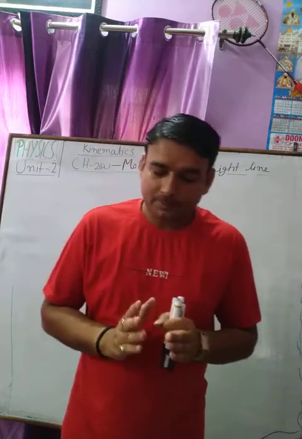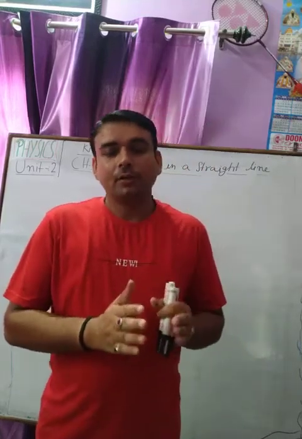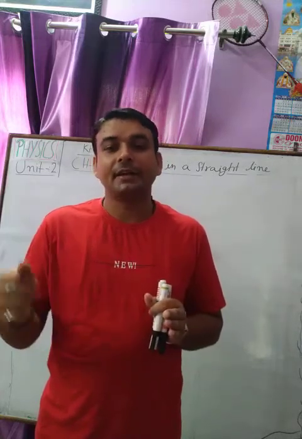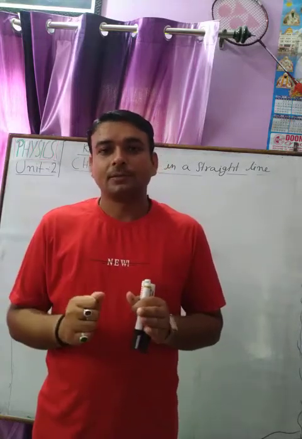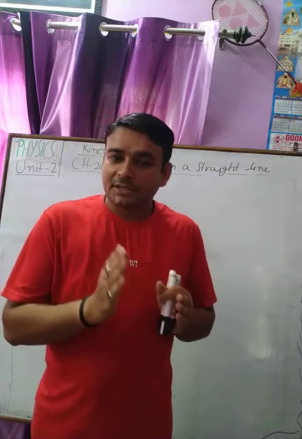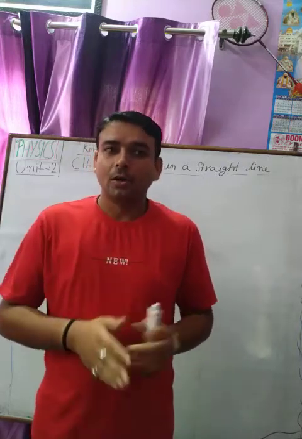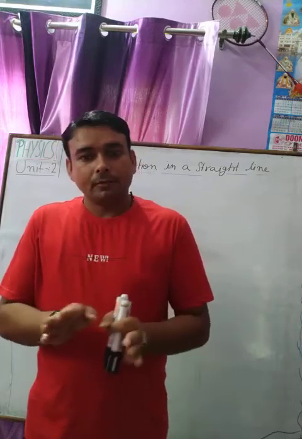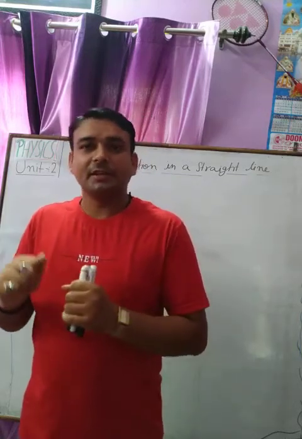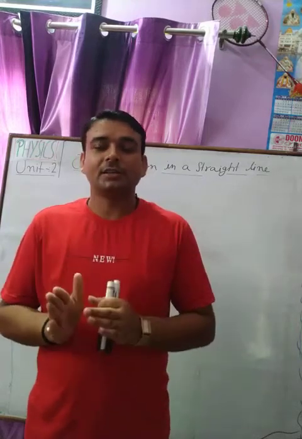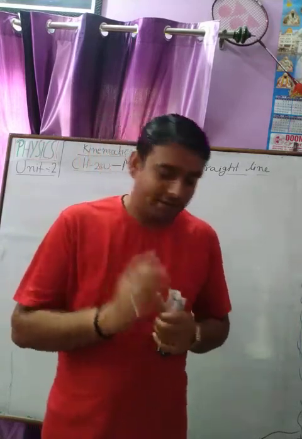In this chapter we learn about motion and its related attributes like displacement, velocity and acceleration. All these variables are discussed in a separate branch of physics known as mechanics.